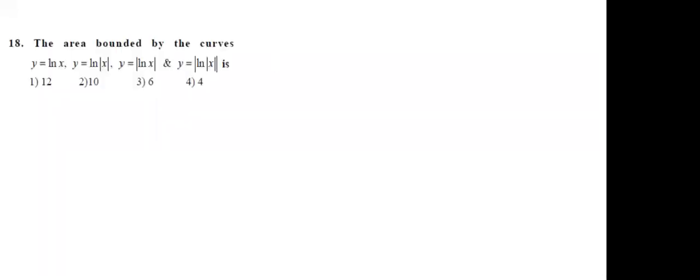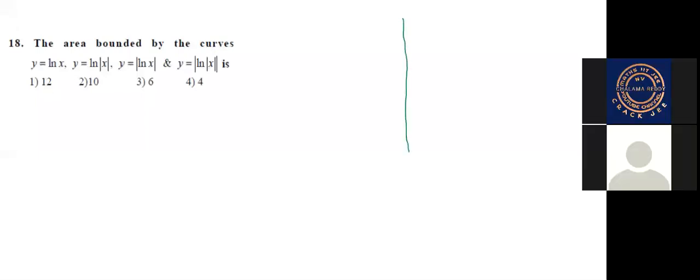The area bounded by the curves y is equal to log x, y is equal to log mod x, and y is equal to mod log x, and y is equal to mod log mod x. First draw the diagram, then you will understand easily. So this is the coordinate system.